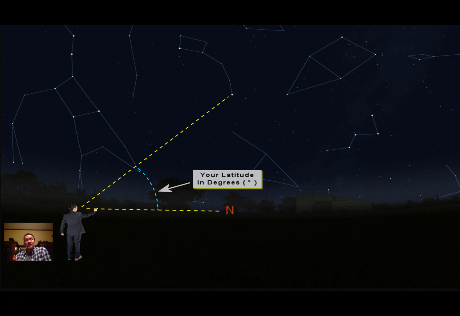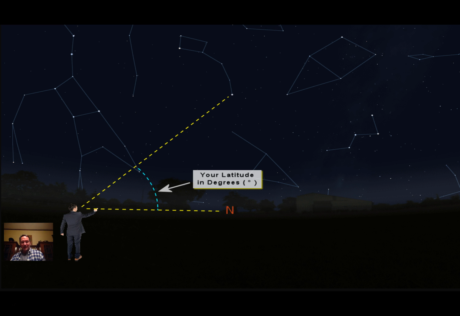So as you walk north, what happens to the altitude of Polaris? It gets higher. That's an indication of a curved surface. We're walking on a curved surface, so Polaris is going to get higher in the sky. It changes our observations of the night sky based on where you're at. So where you are located determines what you are going to see.